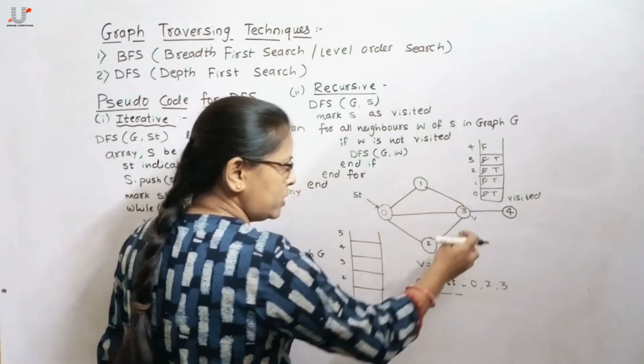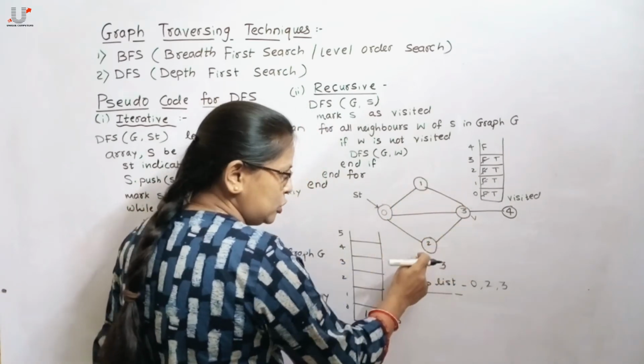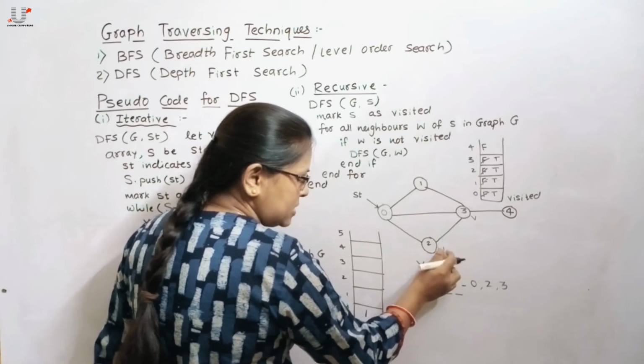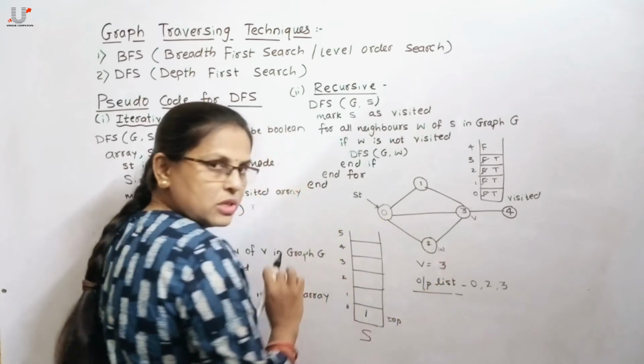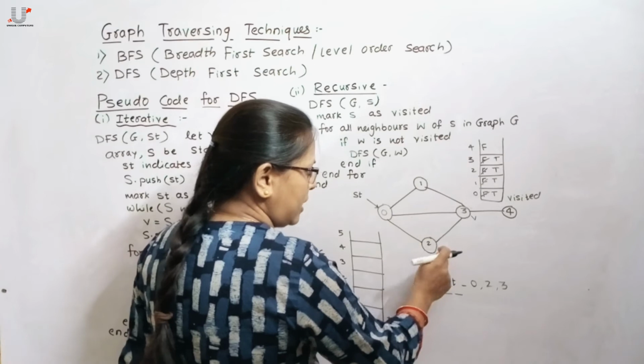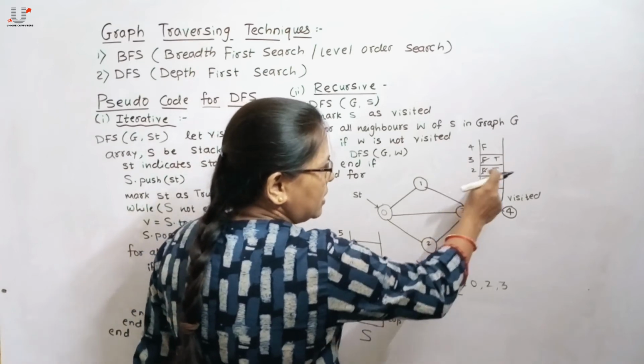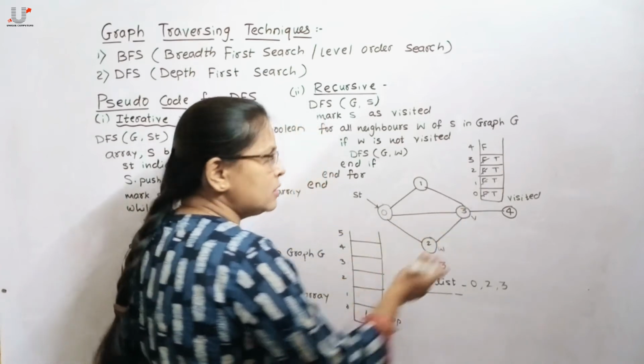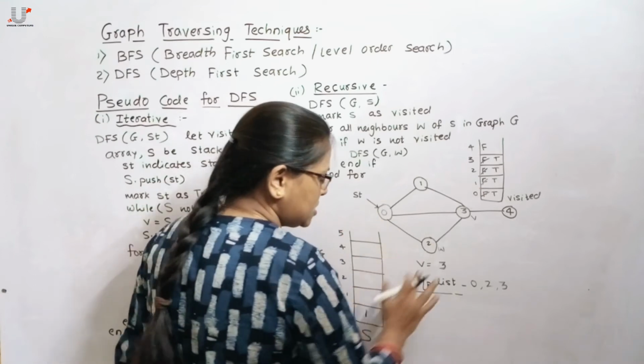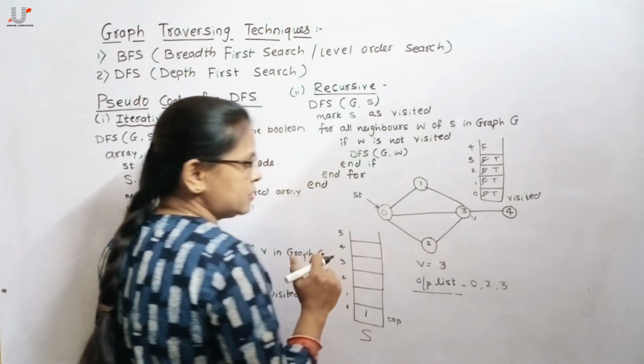The next node adjacent to this 3 is 2. So w is pointing to this 2. Is it not visited? But its status shows it has been visited, so leave it.